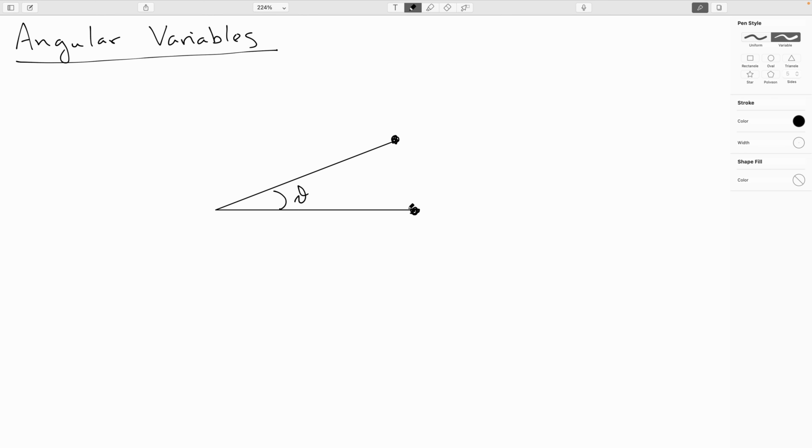We can use this to describe how this mass on the string is rotating in our 2D plane. And so we can start to define angular position.